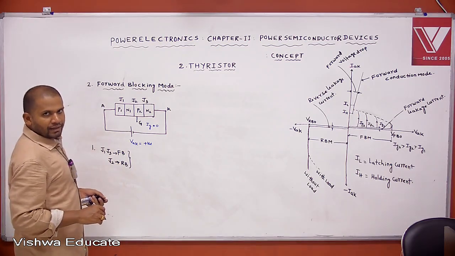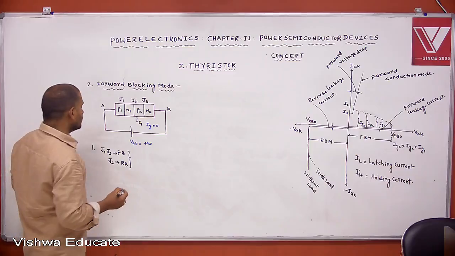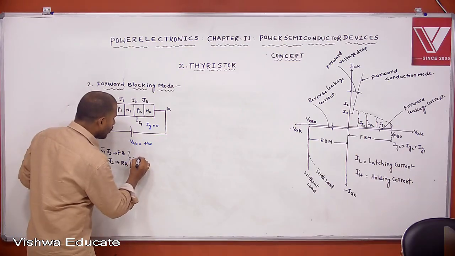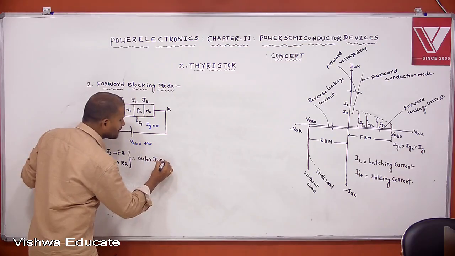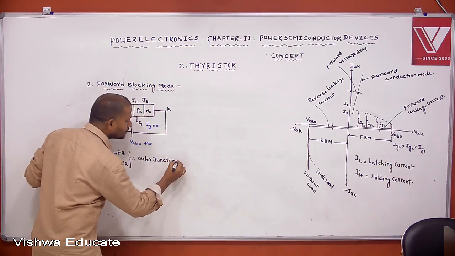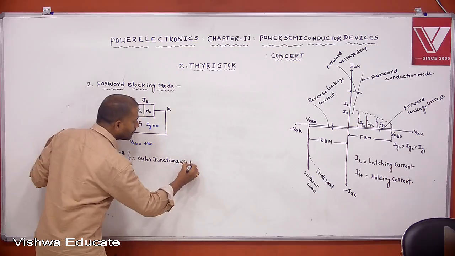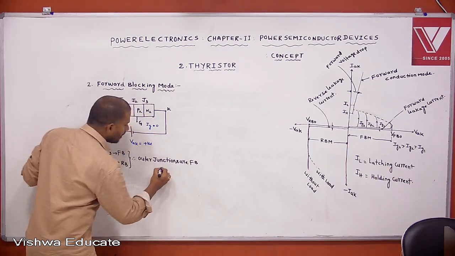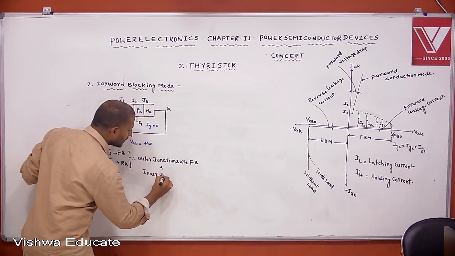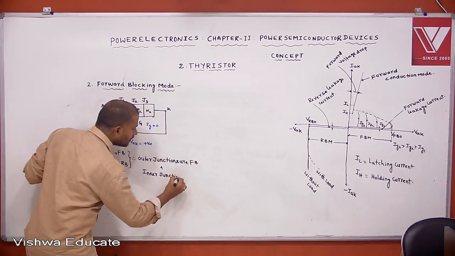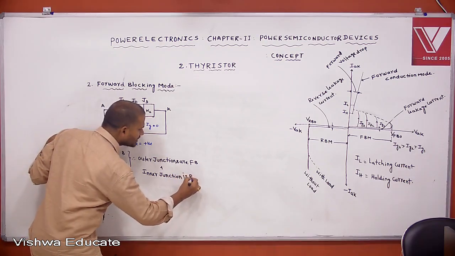But I want to write one generalized statement. That is, outer junctions are forward bias and the inner junction is reverse bias. Very important statement.